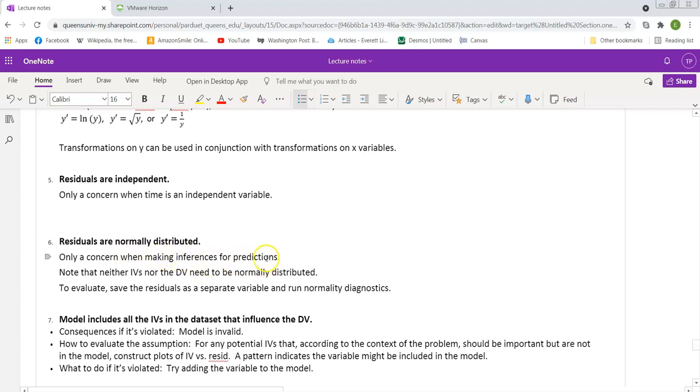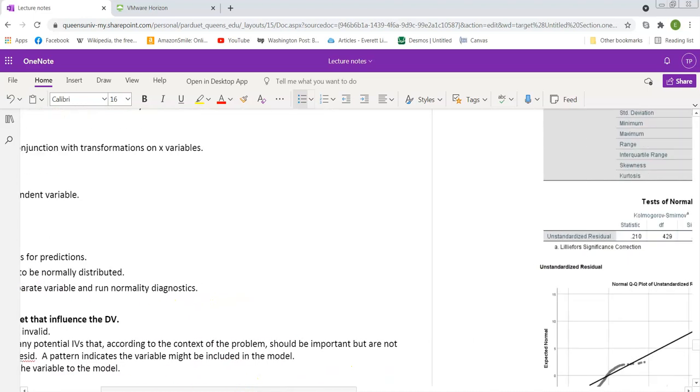And to have that, you really need to look at normality. Otherwise, it doesn't really matter. To evaluate it, though, we would save the residuals and run the normality diagnostics.